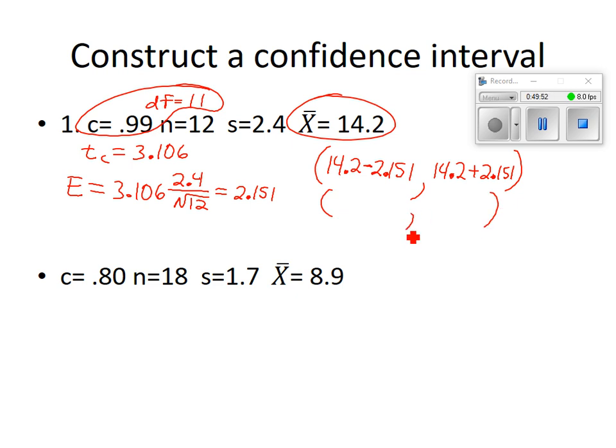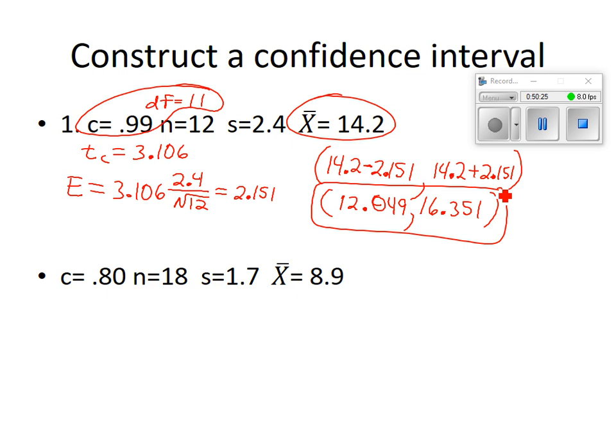The first one's 12.049. The second one is 16.351. That's our confidence interval. So again, what we're saying there is, we're 99% confident that the mean of the population should fall in that interval.